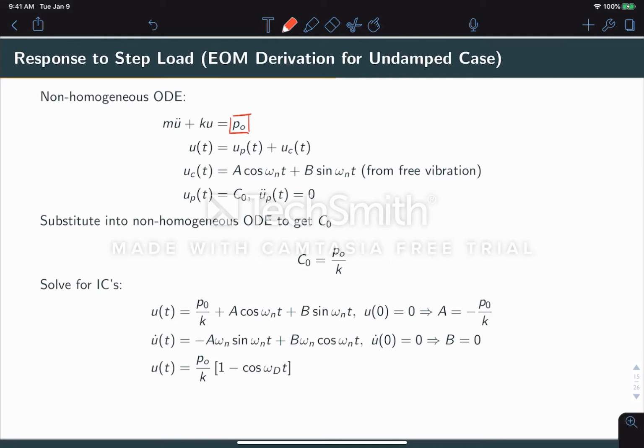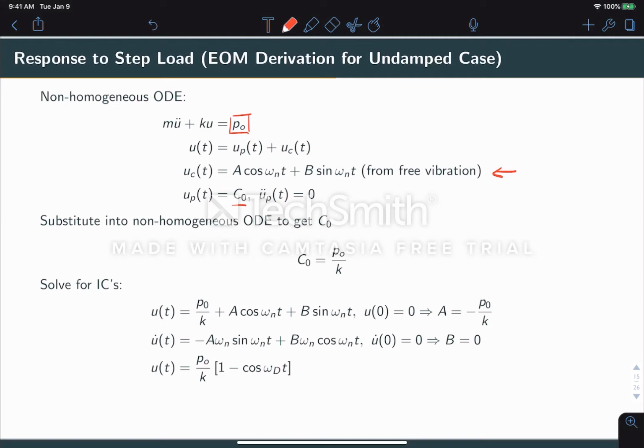As we've done before, we can split that into a particular and complementary solution. The complementary solution will be simply the free vibration response, and the particular solution will be some constant. Okay, and so the first thing we need to do is solve for that constant.